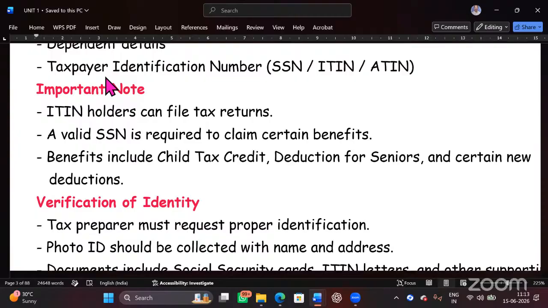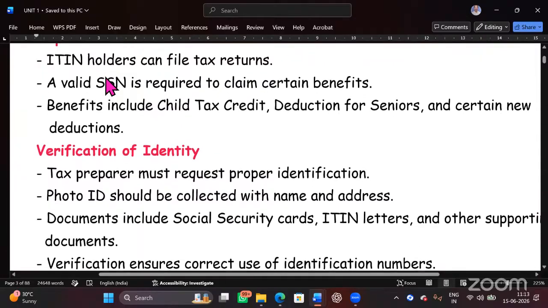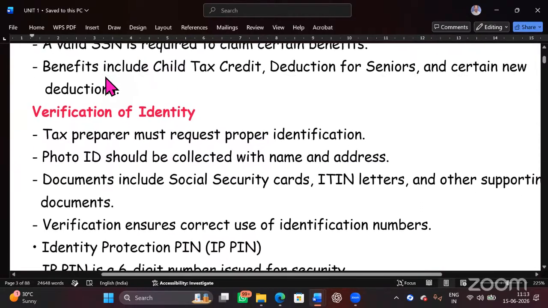To get that kind of tax credits, the taxpayer must have a social security number. Just having an individual taxpayer identification number, one cannot get the benefit of certain kinds of tax credits. So the benefits can be enjoyed only by a taxpayer having a social security number.